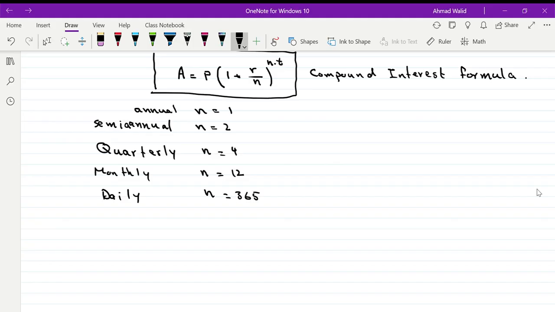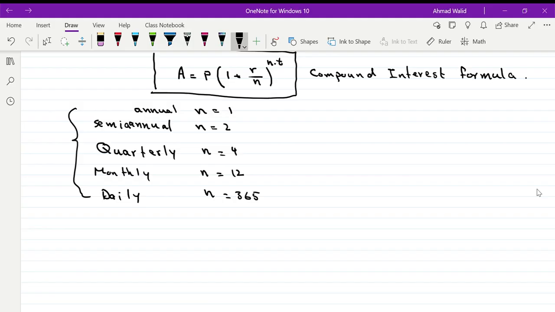Correct? These are the words that you may see when we are solving the compound interest problems. Don't say, oh, the problem doesn't give me the N. How much is N? They will use one of these words for you: annually, semi-annually, quarterly, monthly, or daily. And you should know, annually means N equals 1.